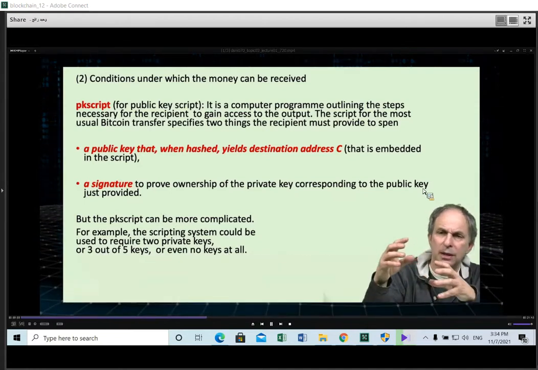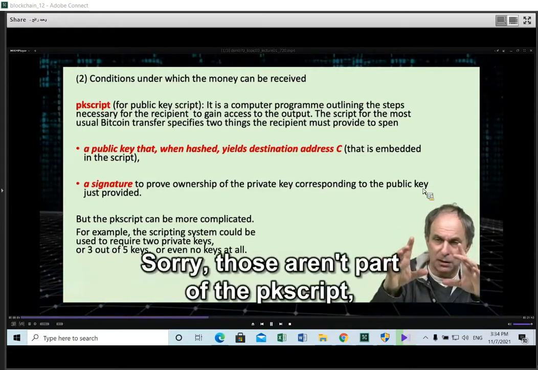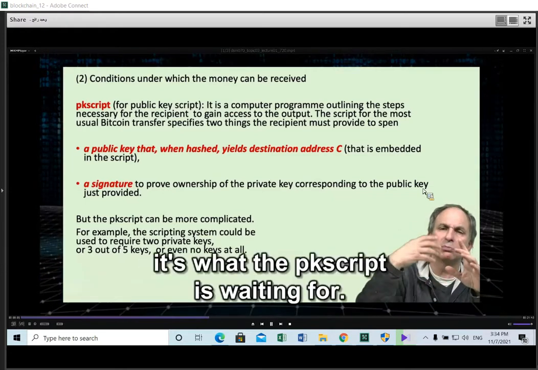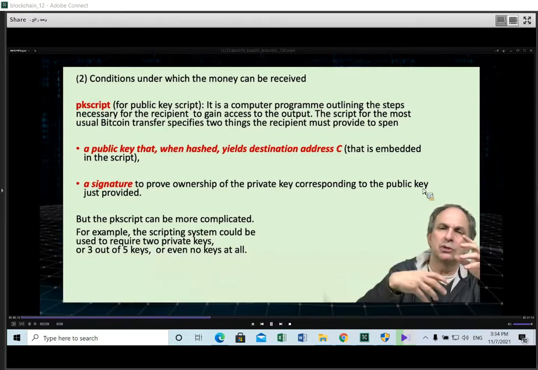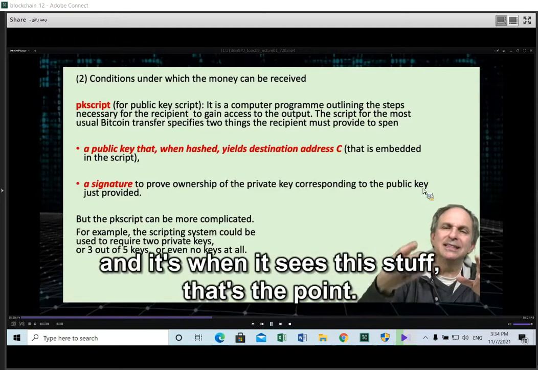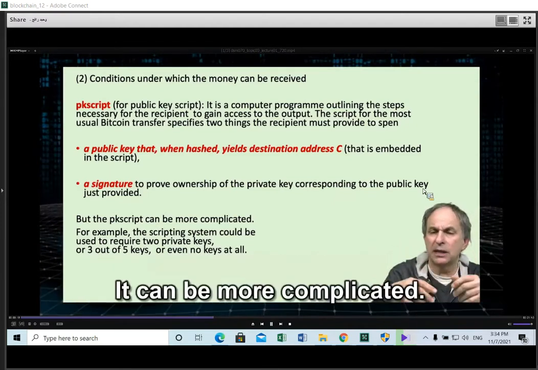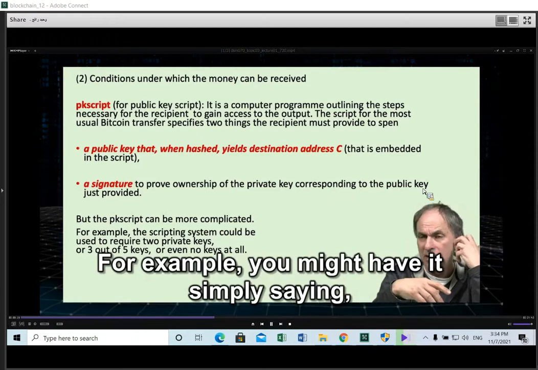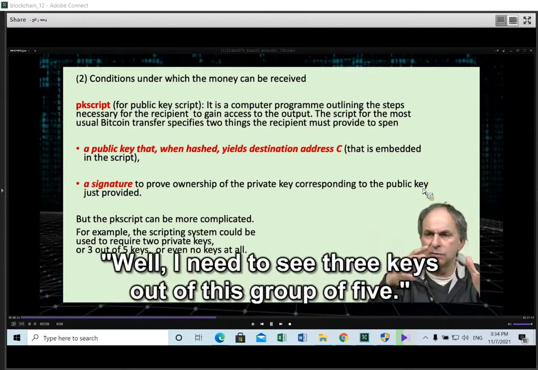Or rather, these aren't part of the PK script. It's what the PK script is waiting for. The script is giving conditions under which you can spend it, and it's when it sees this stuff. That's the point, and it can be more complicated. For example, it might say, "Well, I need to see 3 keys out of this group of 5."